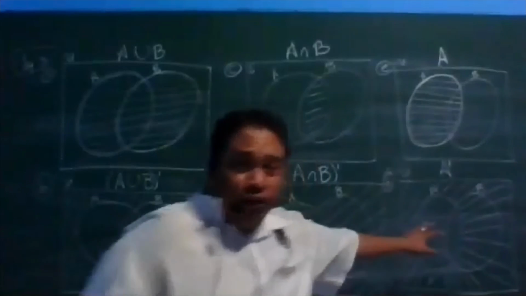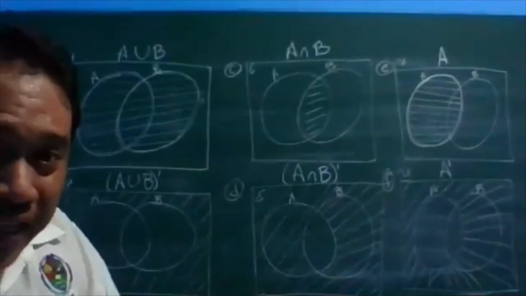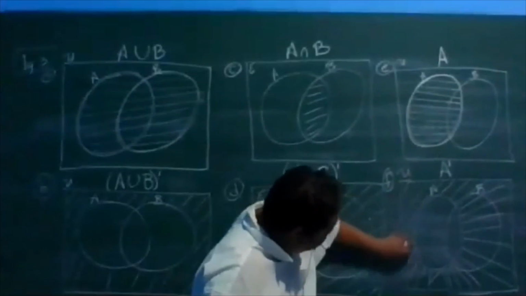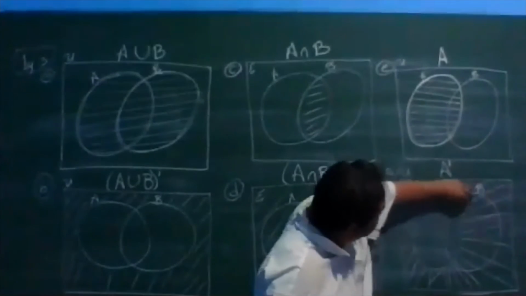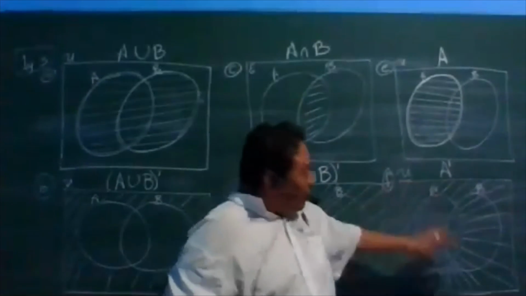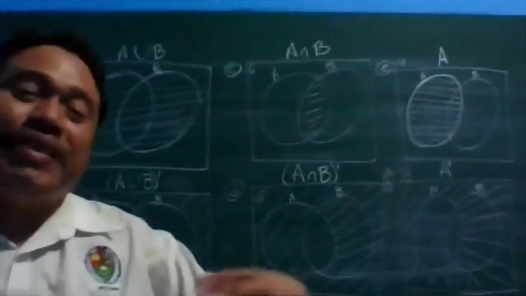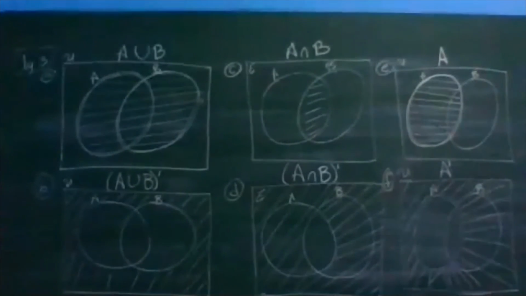All right, F. What is shaded is everything outside the circle A. So notice there are lines all over here, all outside here, covering B and out here. There is no shading in A. So the word outside can be represented as the word complement.